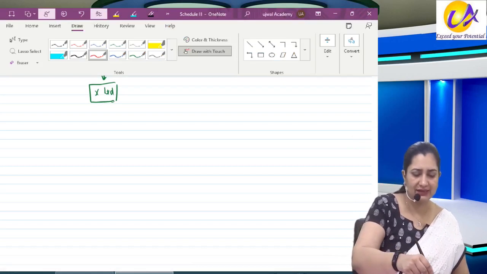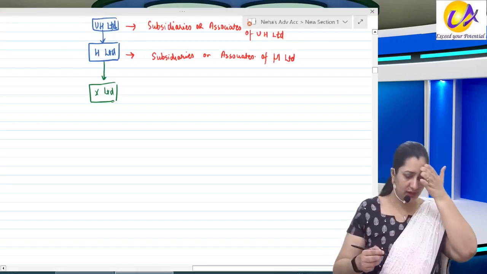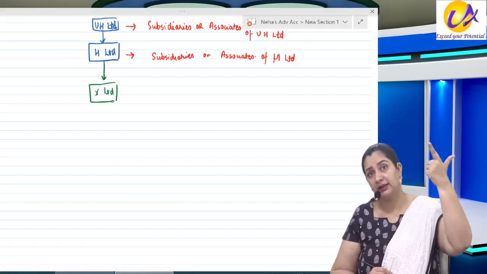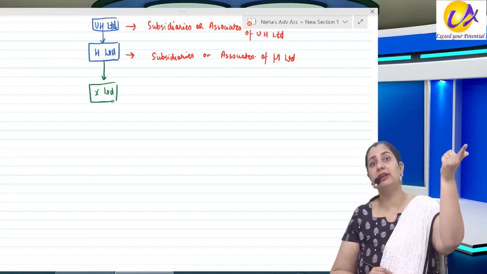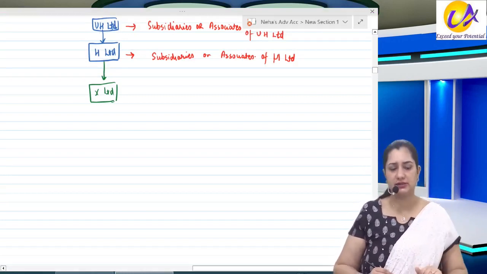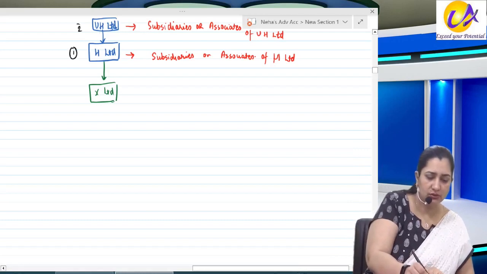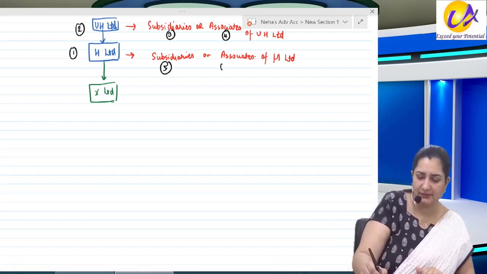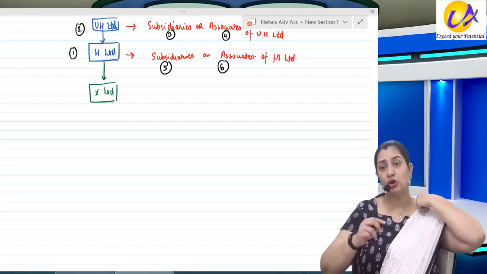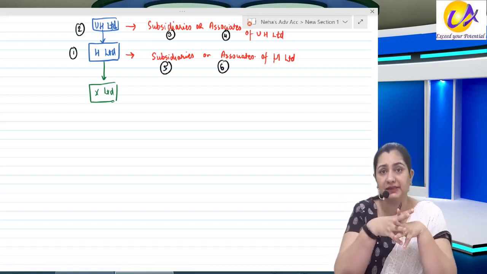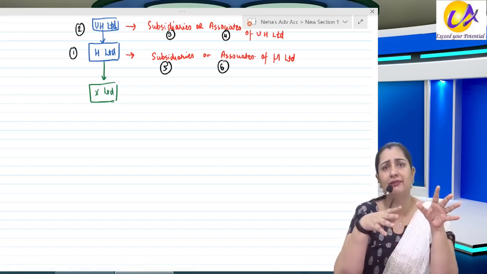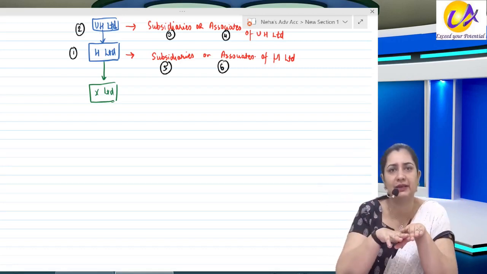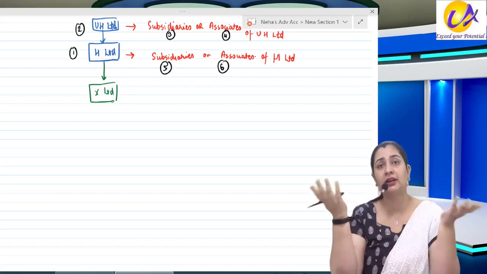So if you see, we are talking about 6 parties, right? How many shares are held by my holding company, my ultimate holding company, and the subsidiaries and associates of the holding and ultimate holding company. So 1, 2, 3, 4, 5 and 6 parties. Now I'm saying 6 parties, not necessarily 6 companies. My ultimate holding company may have 20 or 30 subsidiaries, and any of them may be holding shares in X Limited. There could be 100 associates.